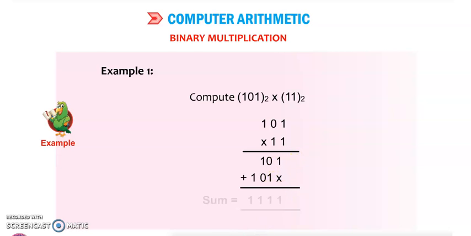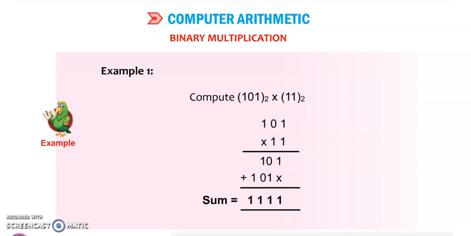You have to learn the rules of addition we did in the last class. So 1 is 1, 0 plus 1 is 1, 1 plus 0 is 1, and 1. So the answer is 1 1 1 1 after multiplying 1 0 1 into 1 1.